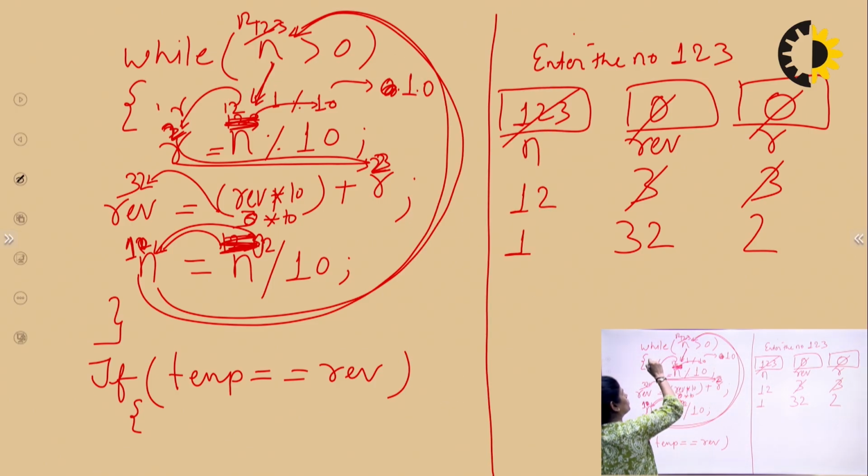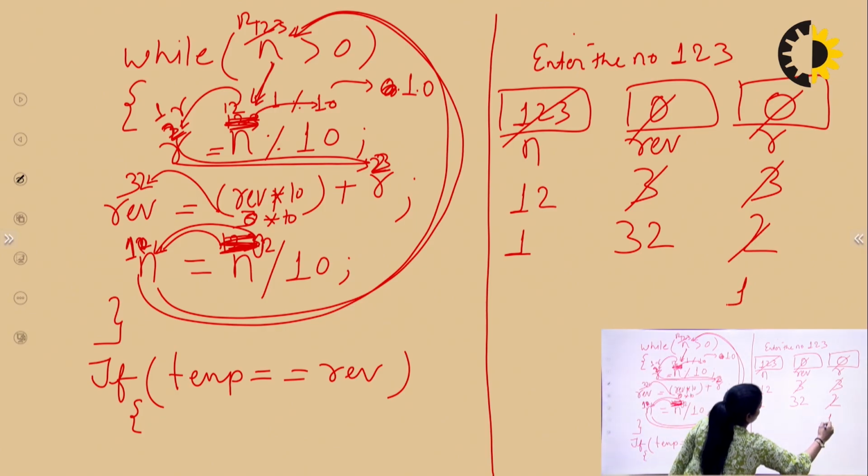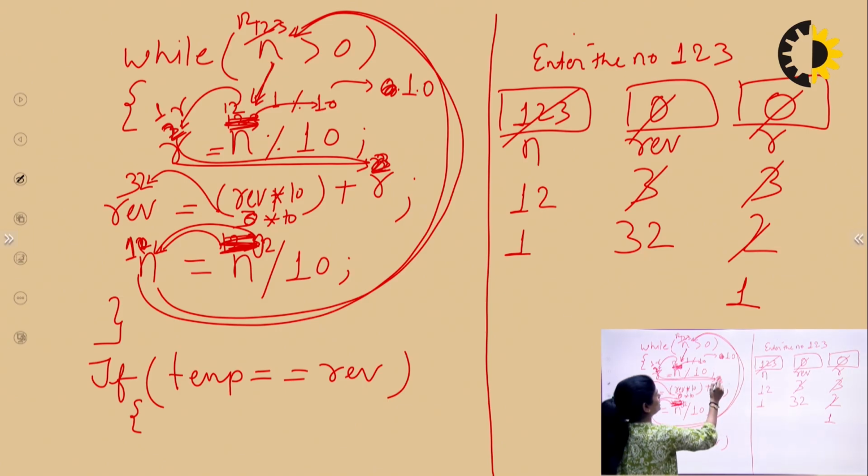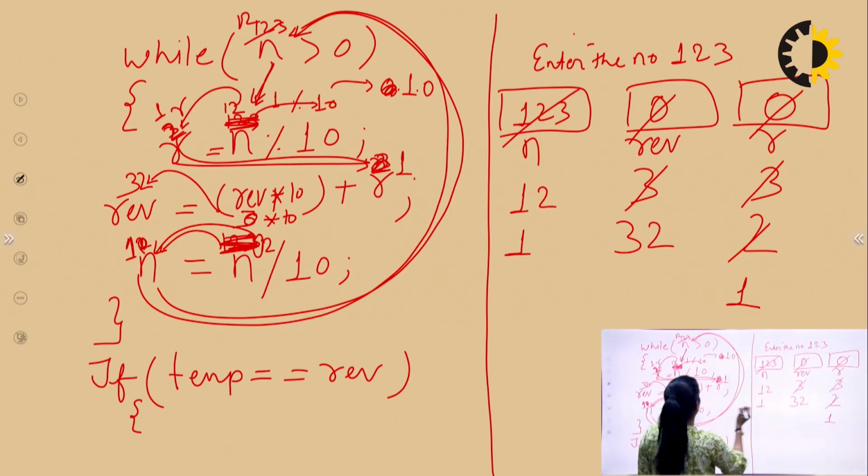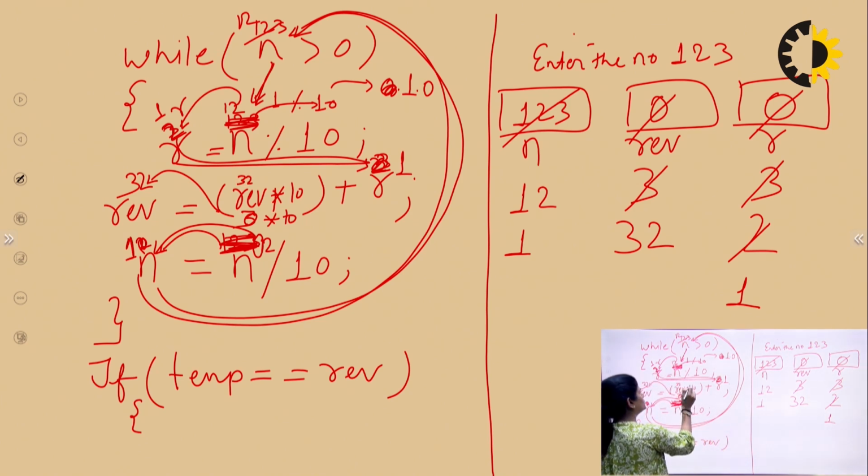R is 1. Now R become increased with 1. Here put it the 1 and your reverse number is 32. 32 multiply with 10. 32 into 10 is 320. 320 plus 1 is 321. Now your REV is 321.